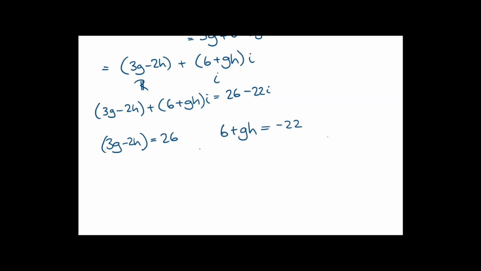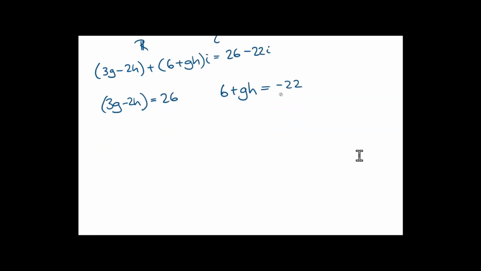And now it's an algebra problem. What we'll do now is solve this one for h and then sub it into this one. So g times h is going to be equal to minus 28, because minus 22 minus 6 is that.